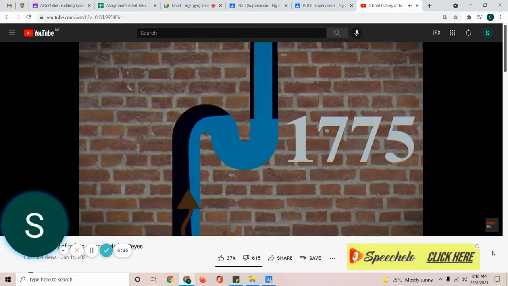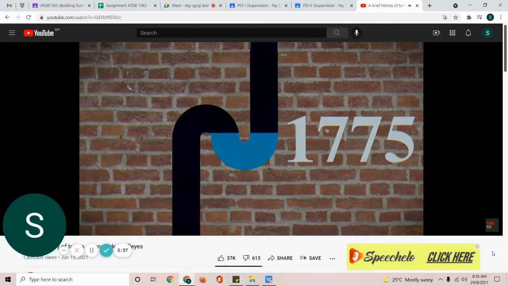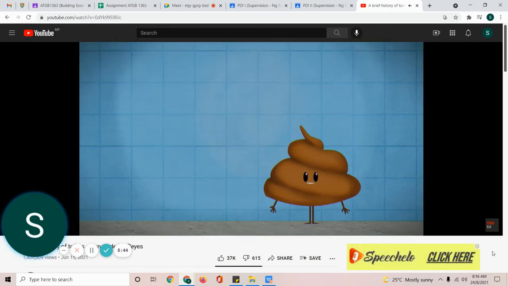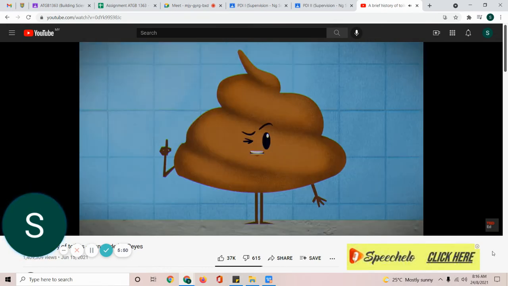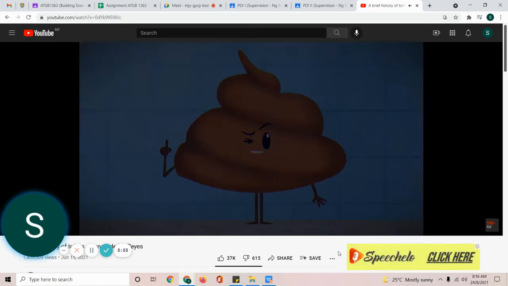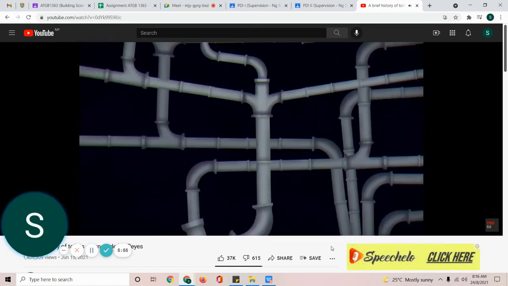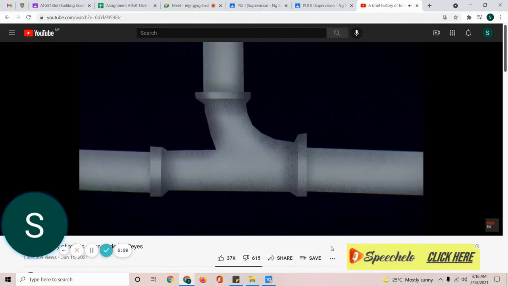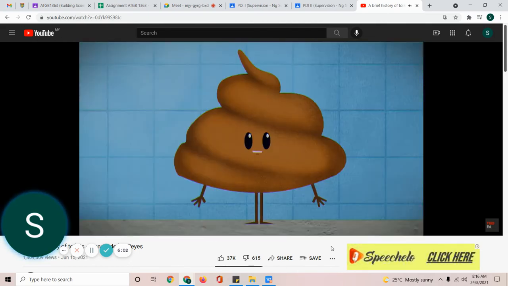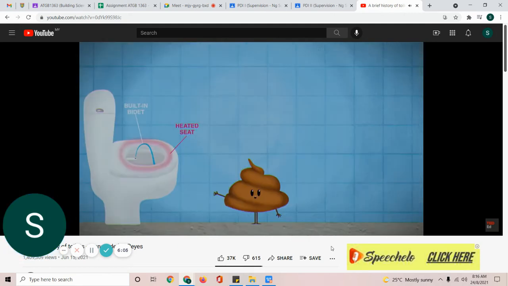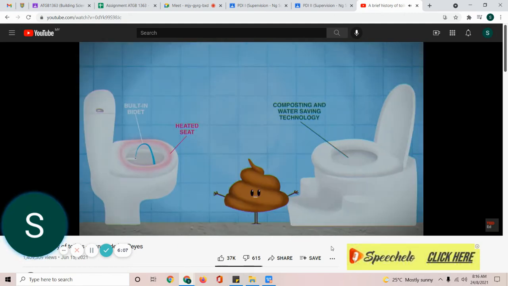Thankfully, in 1775, Scottish inventor Alexander Cumming added a bend in the drain pipe to retain water and limit odours. This so-called S-trap was later improved into the modern U-bend by Thomas Crapper, though the term crap predates the inventor by several centuries. By the turn of the 19th century, many cities had developed modern sewage infrastructure and wastewater treatment plants, and today toilets have a wide range of features, from the luxurious to the sustainable.